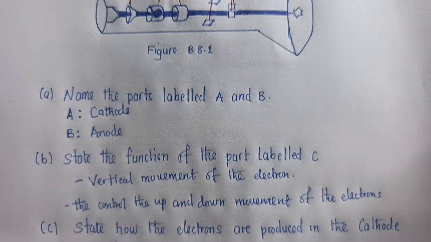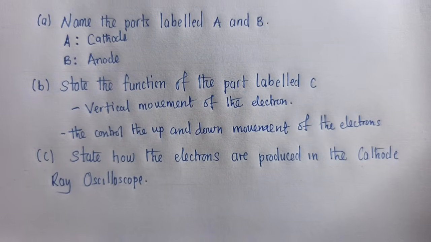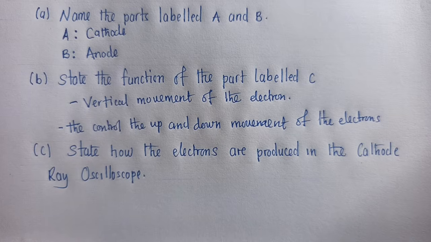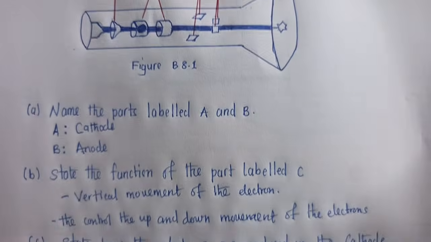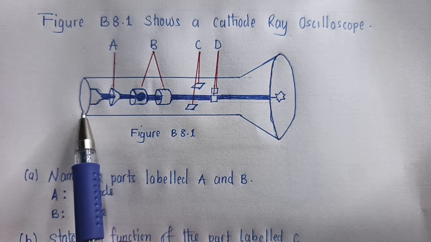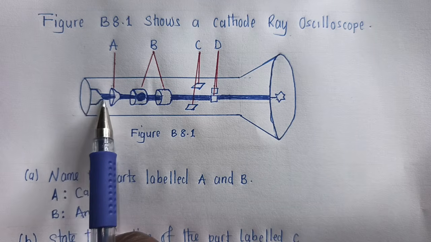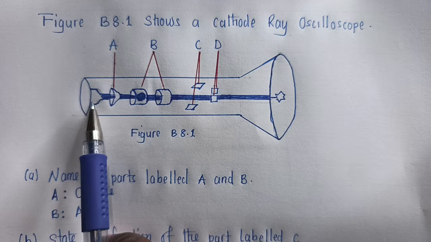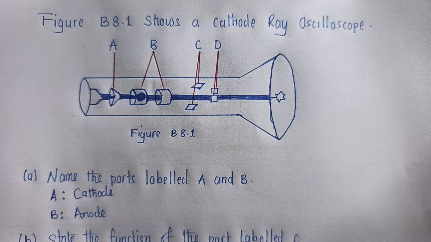And then for the last question, they're saying state how the electrons are produced in the cathode ray oscilloscope. Remember, when we just started here, I explained that electrons are only produced when the cathode here has been heated. And this process is called thermionic emission.